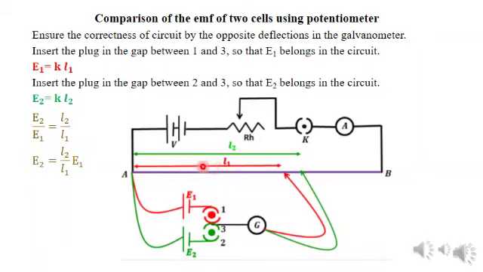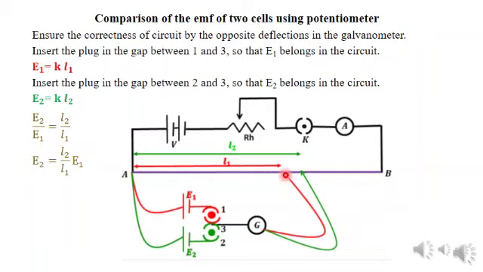Now we can discuss the experimental part. Ensure the correctness of the circuit by the opposite deflection in the galvanometer after keeping the jockey at a point near A as well as at a point near B. Insert the plug in the gap between 1 and 3 so that E1 belongs in the circuit.